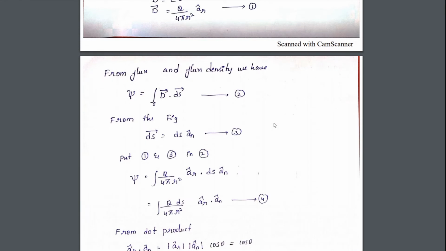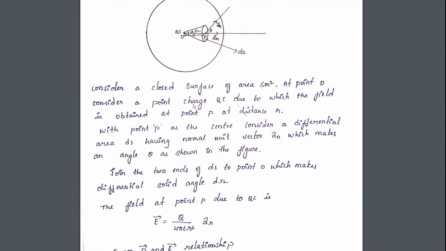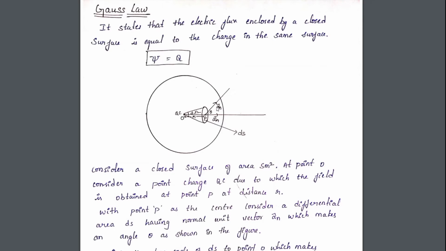So how is ds defined in the figure here? At the point P, we have to consider a small differential area ds and join these two ends of the ds to the O. It forms an angle that is the differential solid angle d omega. And we have two unit vectors here. One is AR, the field vector. Another one is AN, the unit vector for ds.